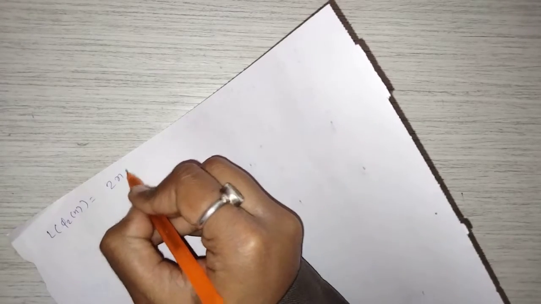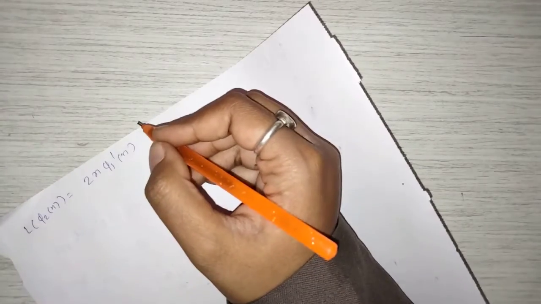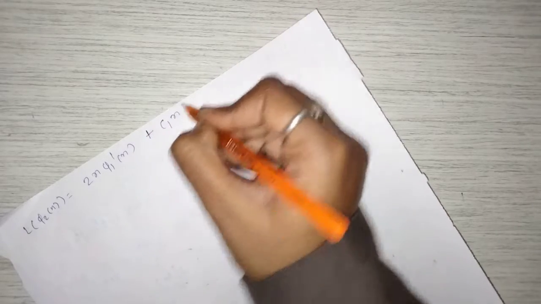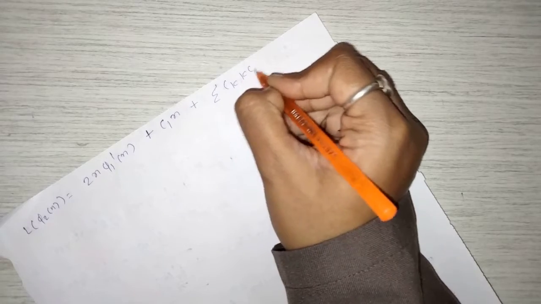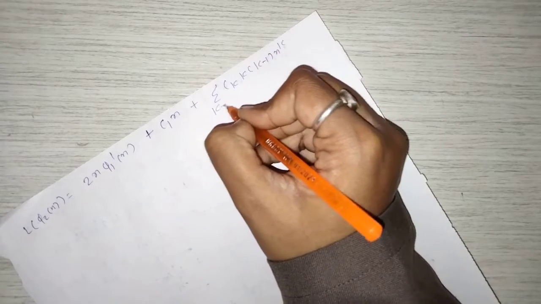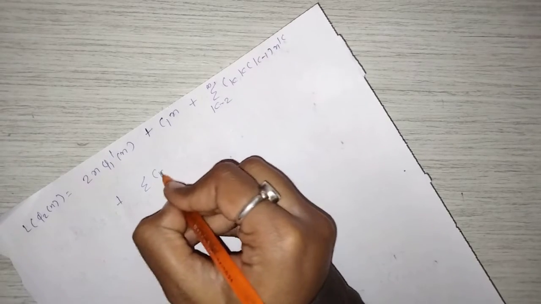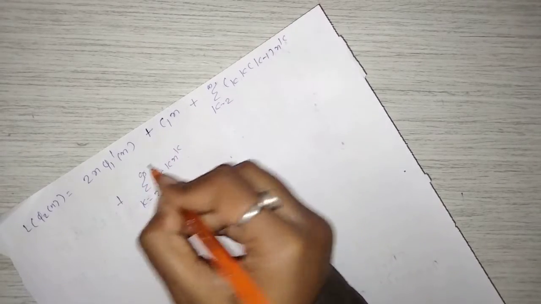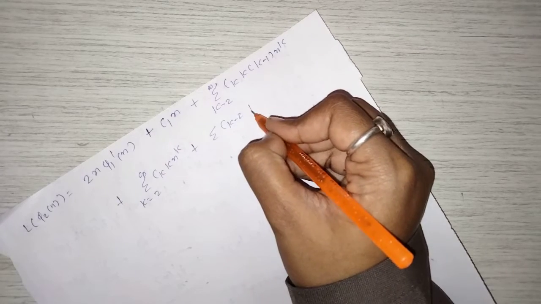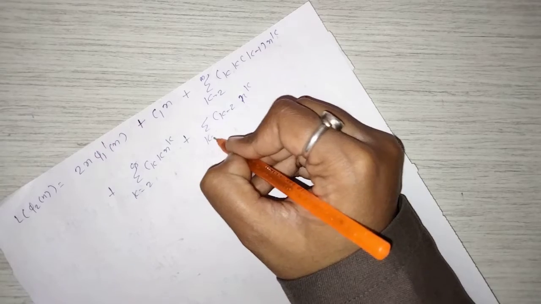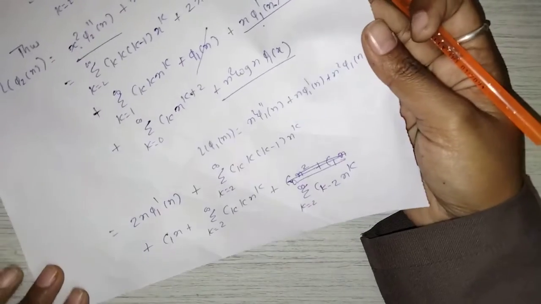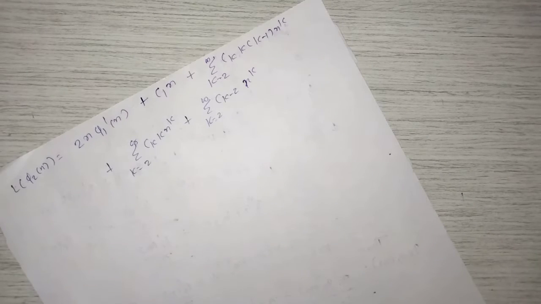So we get L of phi 2 of x equal to 2x phi 1 dash of x plus c1x plus summation ck minus 1 x raised to k running from 2 to infinity plus summation ck x raised to k running from 2 to infinity plus summation ck minus 2 into x raised to k running from 2 to infinity. Okay.